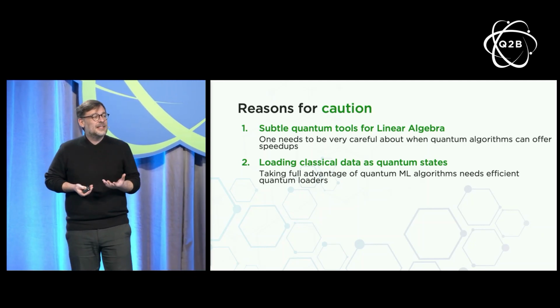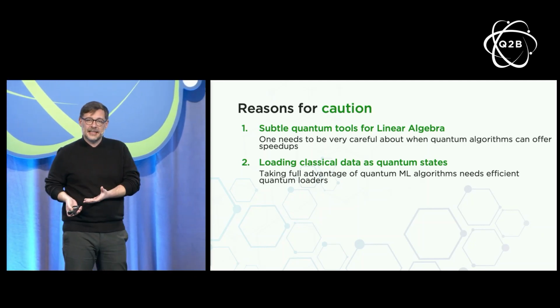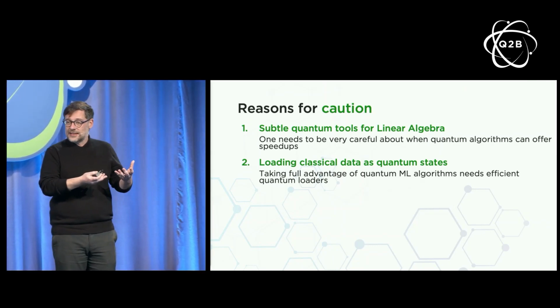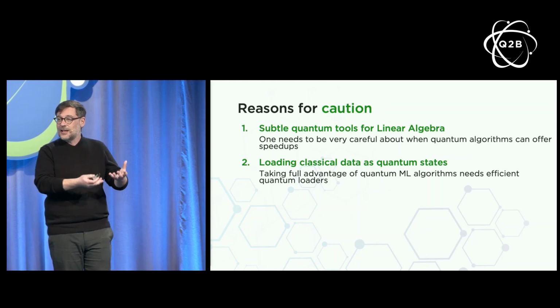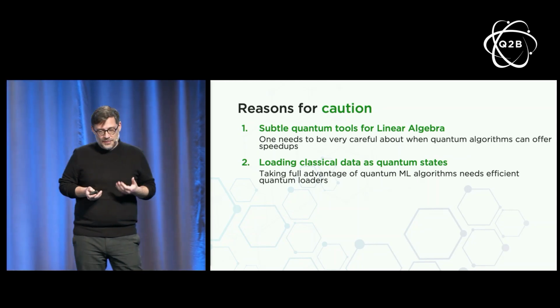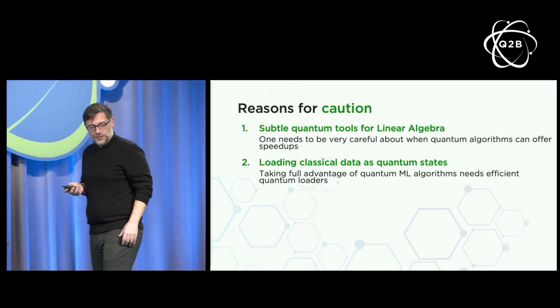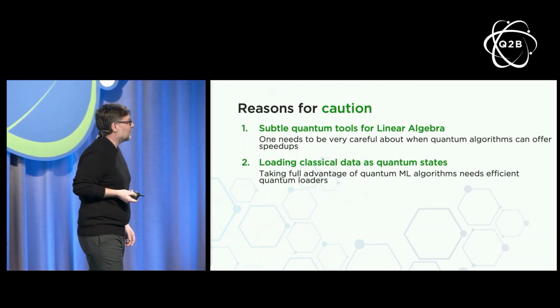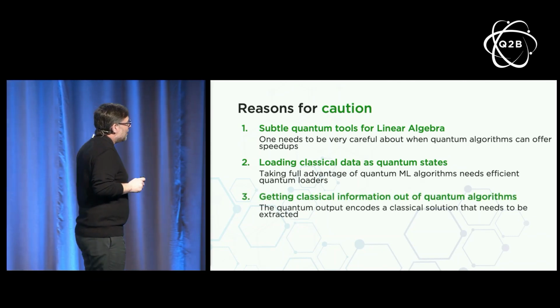So there is this issue of how we take the classical data and map it into quantum states that can be manipulated by these quantum algorithms and the quantum hardware. This is not a simple problem, but I will show you a little bit further down the talk how we can try to actually do something interesting about this.